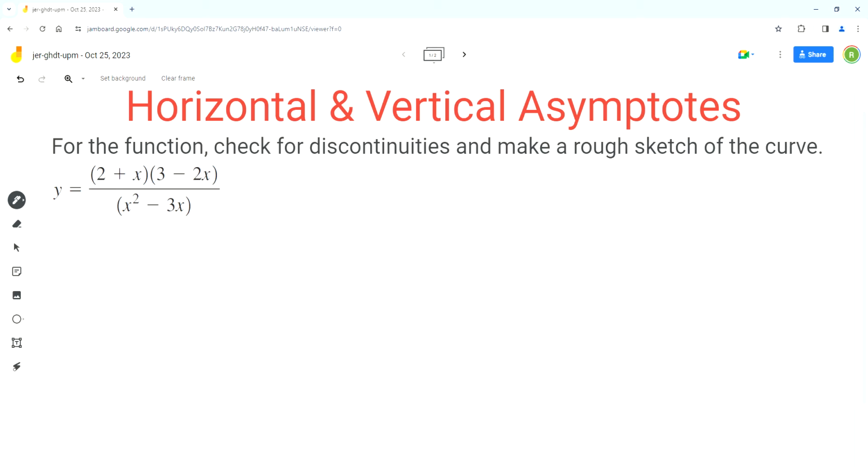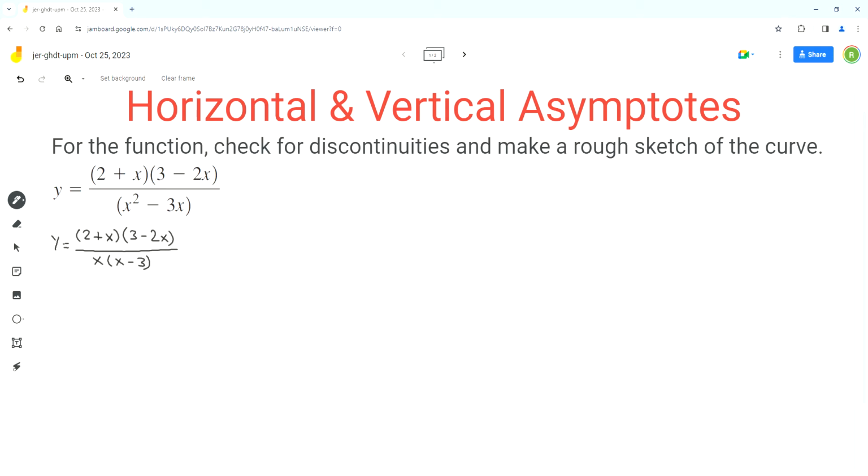Now we cannot do any factoring in the numerator, but we can do common factoring in the denominator. So we can factor out an x in the denominator. So in the denominator, we get x times (x minus 3).